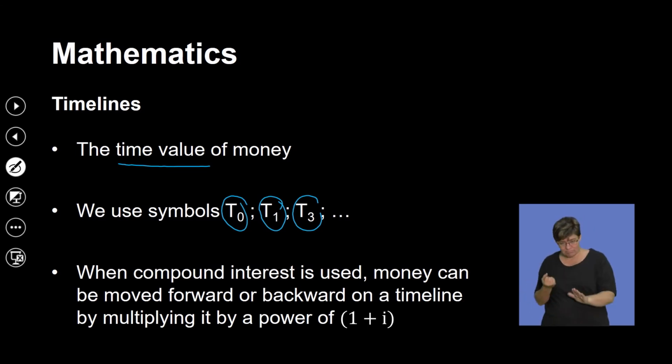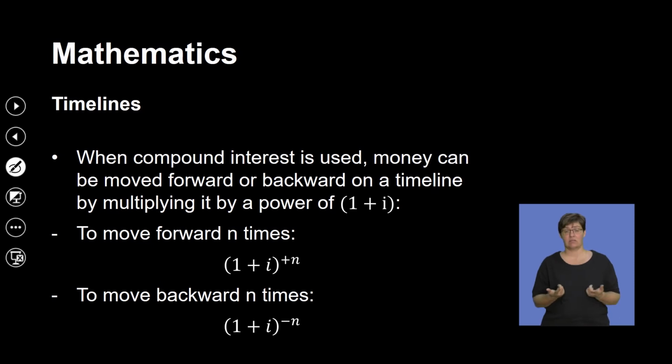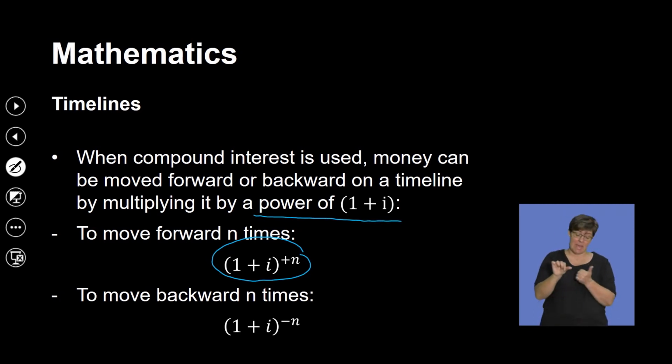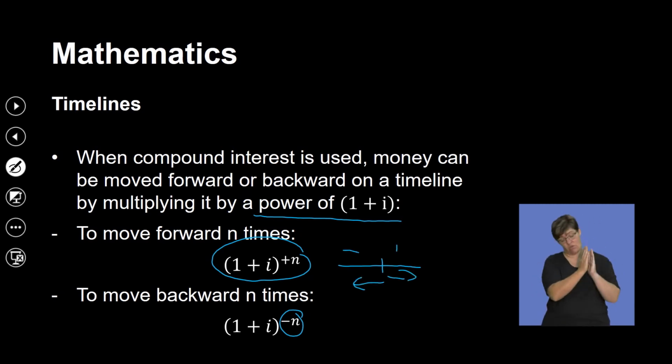But what this means specifically is that when you're moving forward n times, you multiply by 1 plus i to the exponent of n, and the n must be positive, because remember we said you multiply by the power of that. But if you're moving backwards, it will then be a minus. So remember that on a number line, guys, going to the left, it's always a minus. Going to the right, it's a plus.